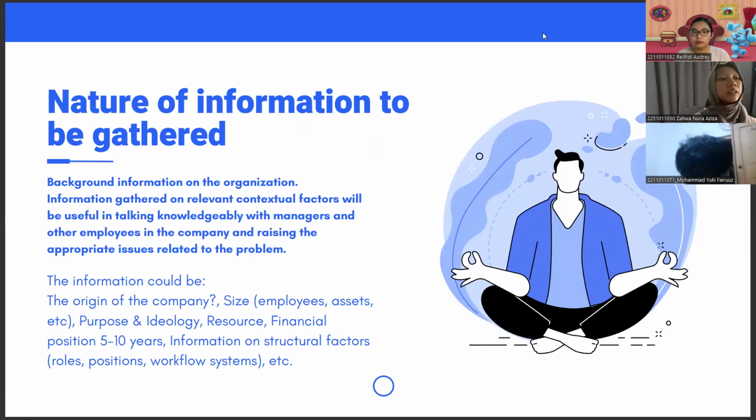The next slide is the nature of the information to be gathered. Background information on the organization, and information gathered on relevant contextual factors, will be useful in talking with managers and other employees in the company and raising the appropriate issues related to the problem.